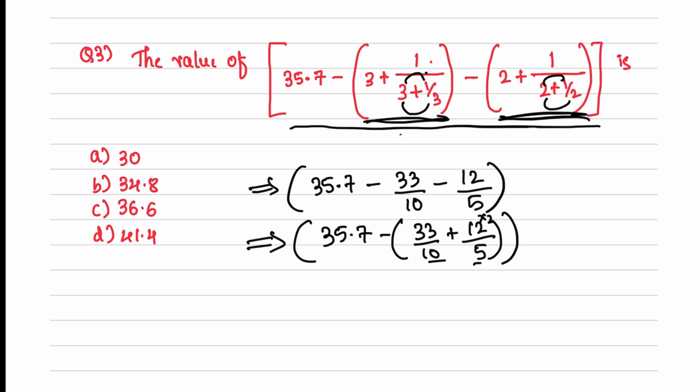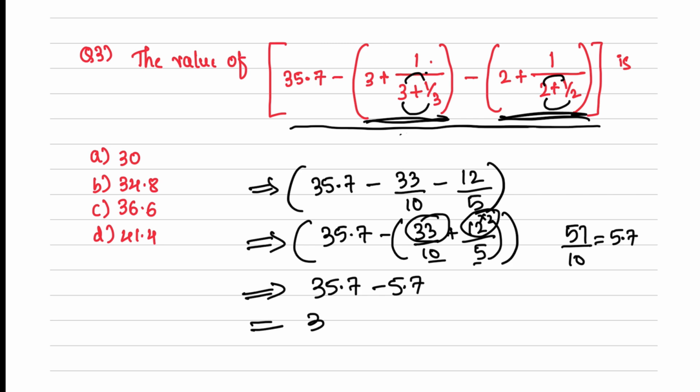So 12 into 2 you should do, and see here 33 plus 12 into 2 means 24. 33 plus 24 will be 57 by 10 because LCM is 10. It will be 5.7. So at last we will get 35.7 minus 5.7, which will be 30. So option A is the right answer.